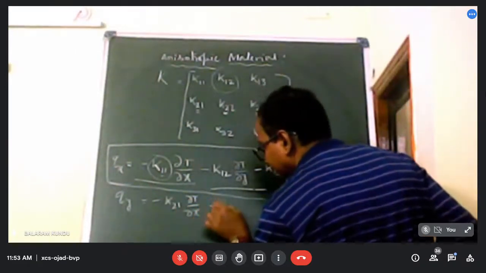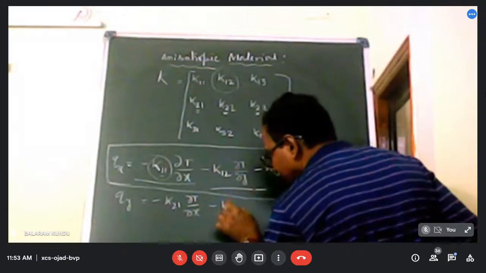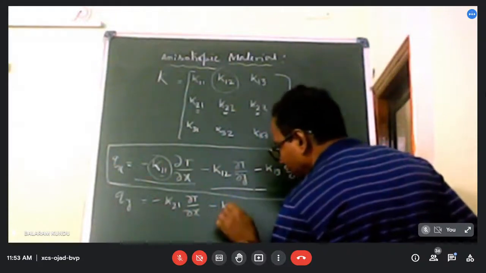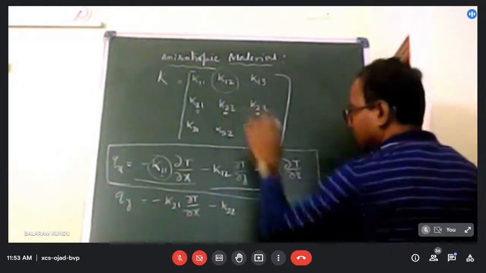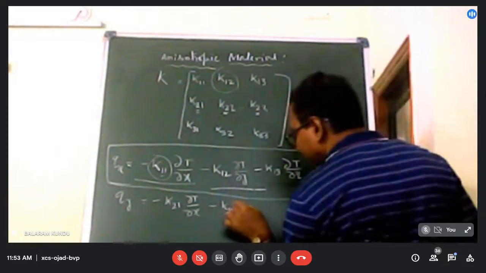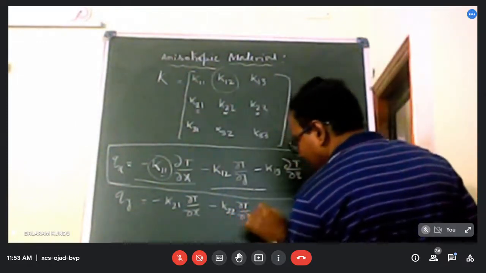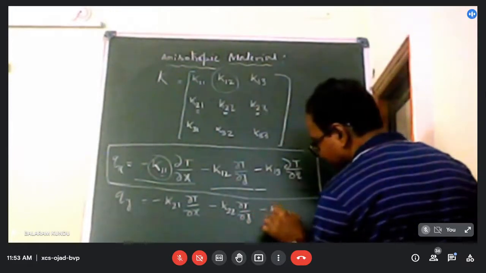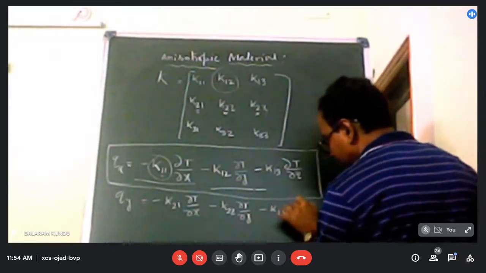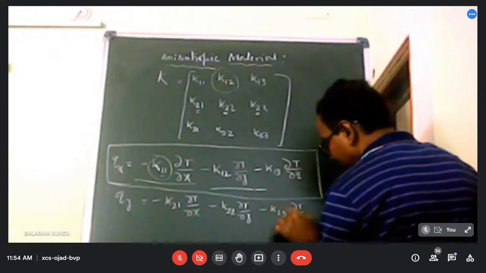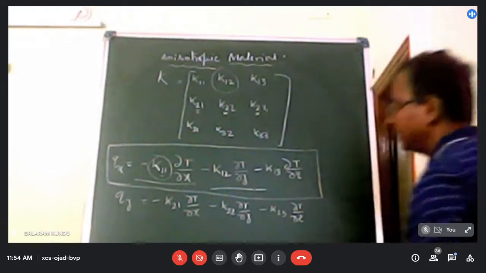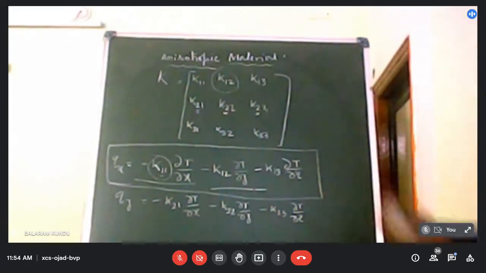Then the second component K22 into the temperature gradient in the y direction, and K23 into the temperature gradient in the z direction. So this is your heat flux in the y direction for anisotropic material.